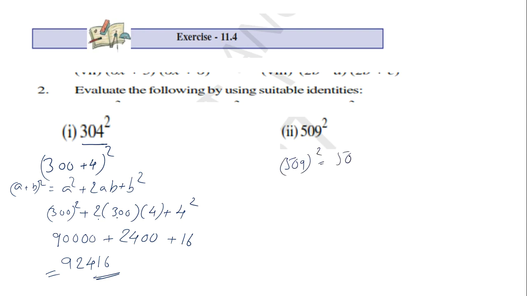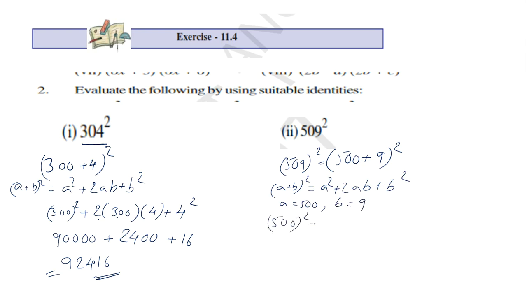Next, 509 whole square. How can we write this? 500 plus 9 whole square. So this is in the form of a plus b whole square equal to a square plus 2ab plus b square. A is equal to 500, b is equal to 9. Substitute: 500 whole square plus 2 into 500 into 9 plus 9 square.